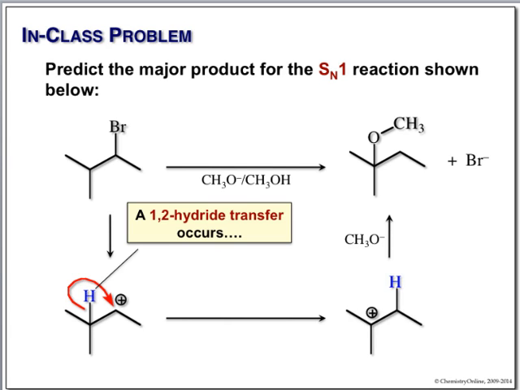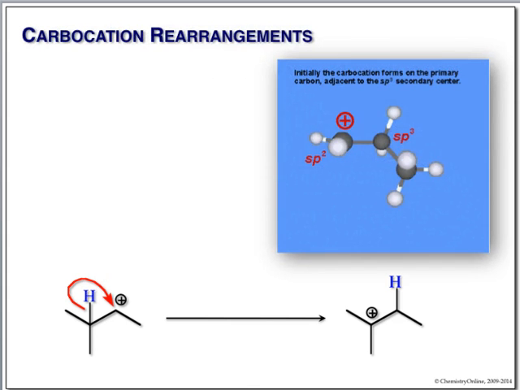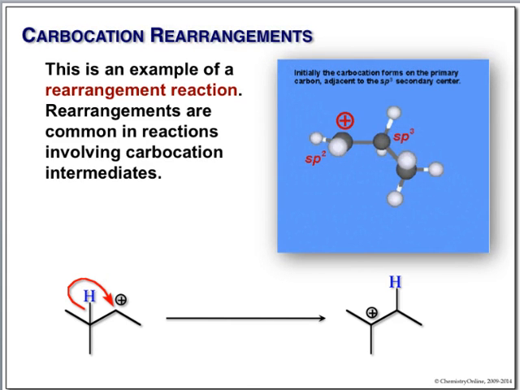Now, a hydride shift, this isn't magic. It's actually very simple and very, very logical. I made a little movie here on this next slide to show this. This is a carbocation. This is the secondary carbocation we had previously, right next to the tertiary center.